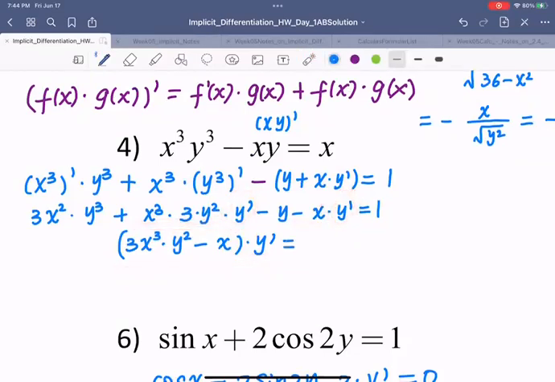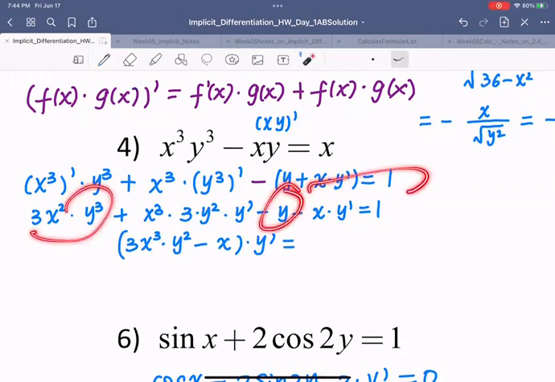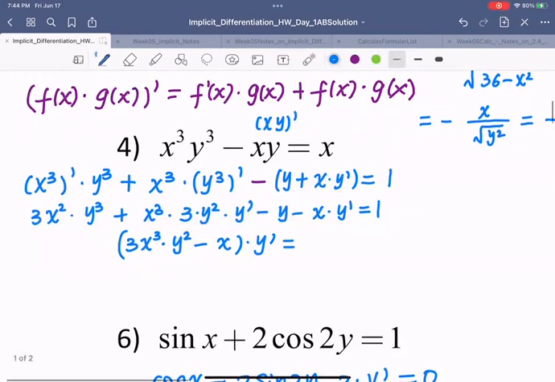Equals. You move the other things around to the other side. Okay? So this is 1 minus 3x squared times y cubed, and then plus y. Does this make sense? Yes.